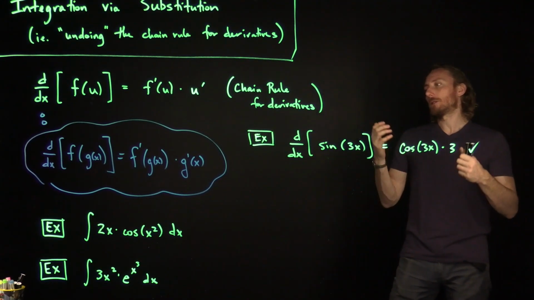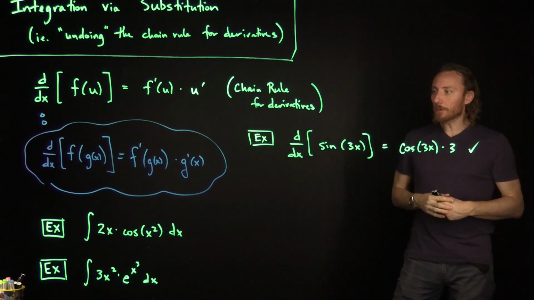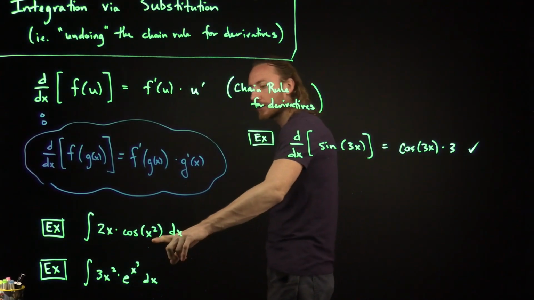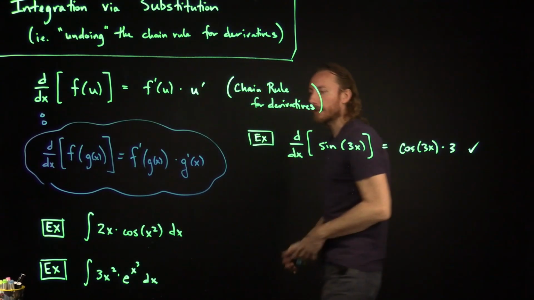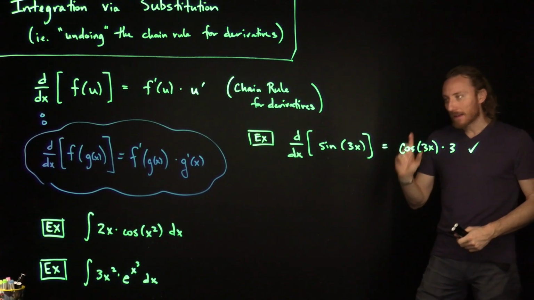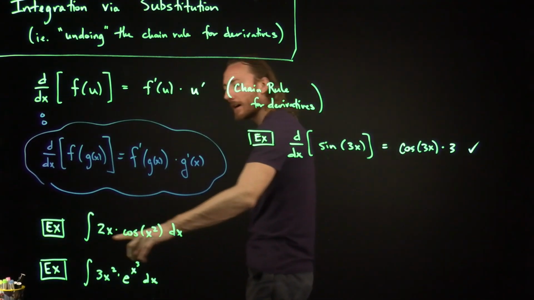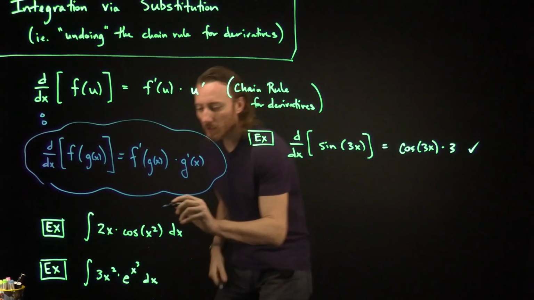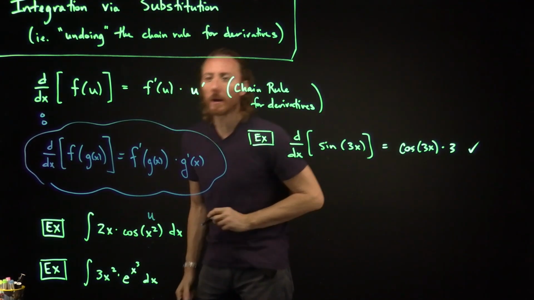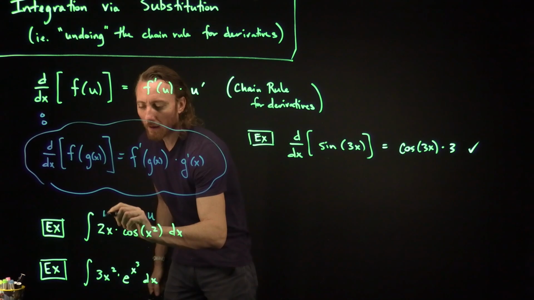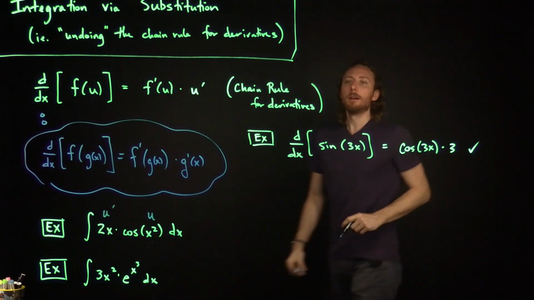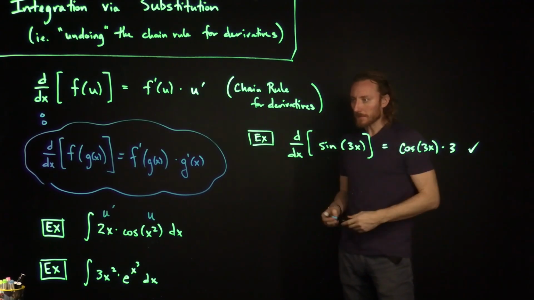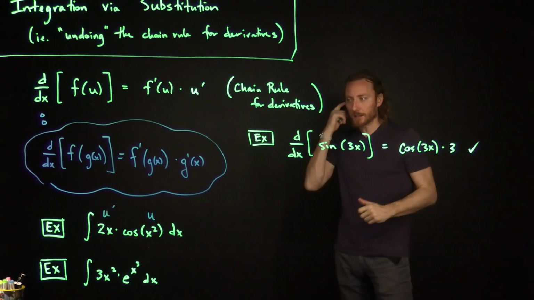To think about it in this first example, note we have a function inside another function, an x squared inside the cosine function. And also note that we've got a derivative of that x squared hanging out nearby. You can think of the x squared as u, and you can think of the 2x as your u prime. And if you do, then essentially what we are doing here is trying to undo a chain rule.